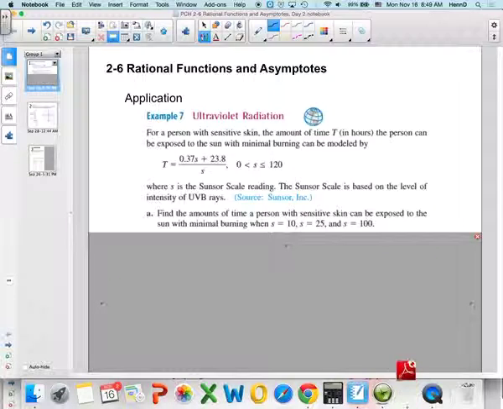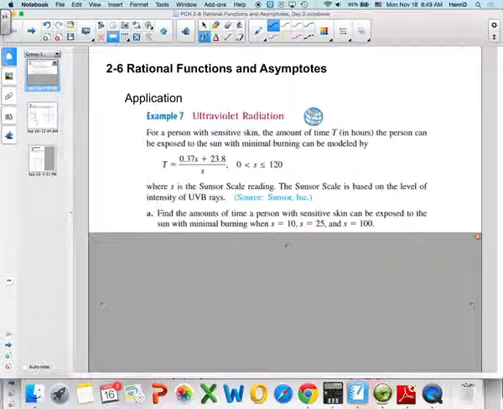Don't overlook problems like this that are easy, okay? Just because we're in a topic that may be a little more challenging and it happens to be a word problem, watch out for these parts that are really easy. All they're asking you to do is plug in 10, plug in 25, and plug in 100, okay? So let's actually do that.